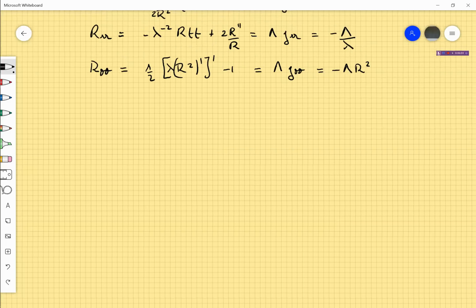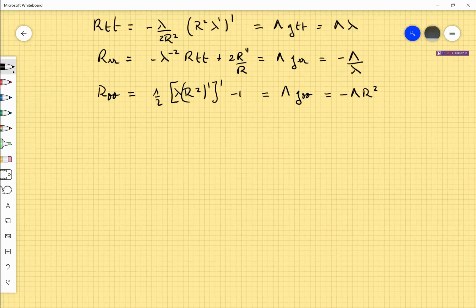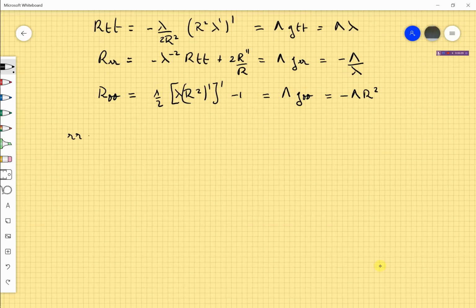And we can start with the rr equation, but we know that this R tt is just, well, we have it here, lambda capital lambda. So using the tt equation in it, we get minus capital lambda double prime minus 2 capital lambda lambda plus 2 r double prime divided by r equal to minus lambda divided by lambda.